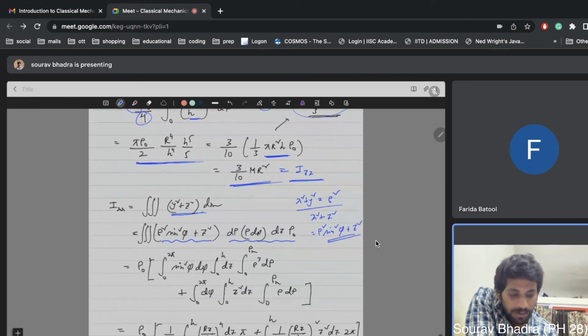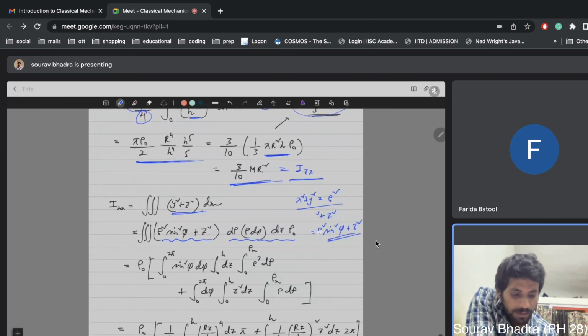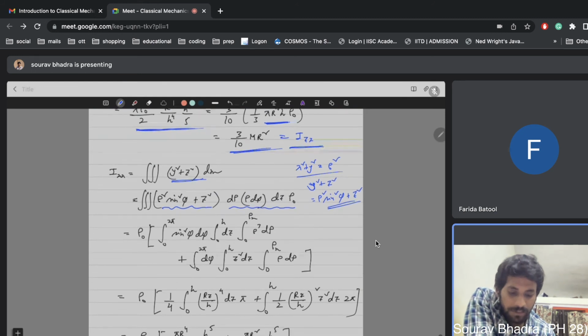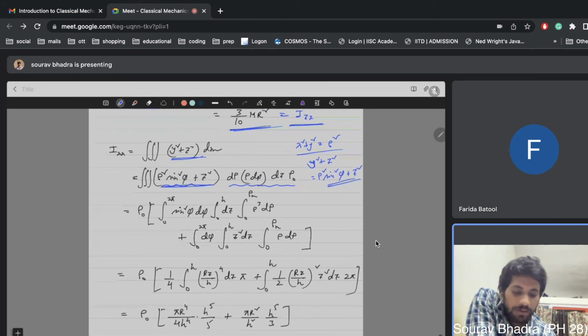Sorry, y square equals rho square sin square phi plus z square. So we put this expression here, and just do the integration as we have done in the previous case. Just separate these two, one is this term with this volume element, and second one is z square with that volume element.